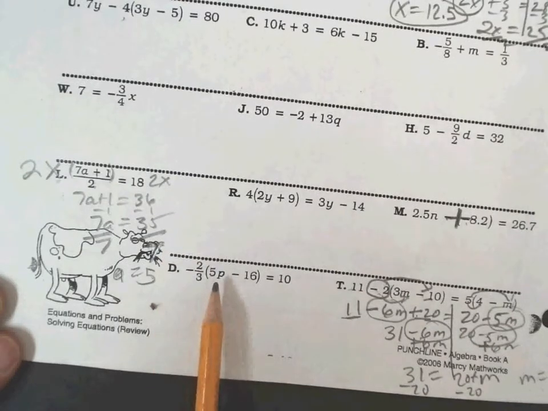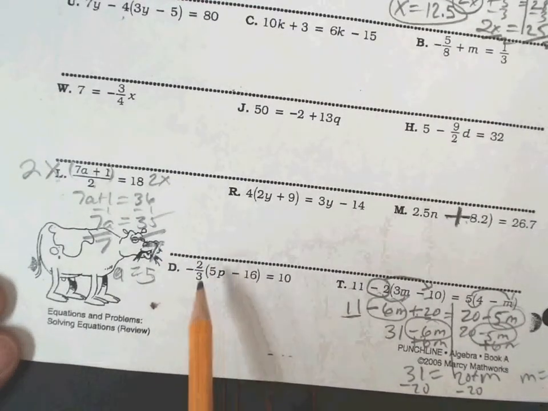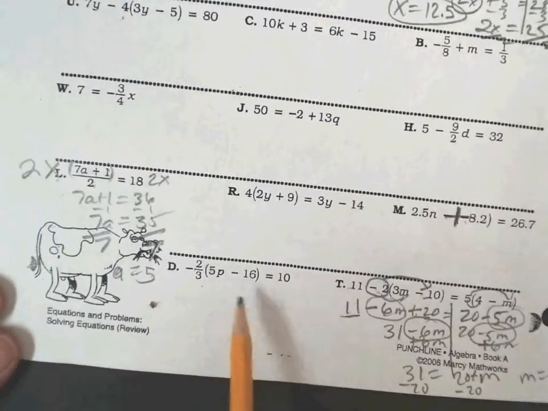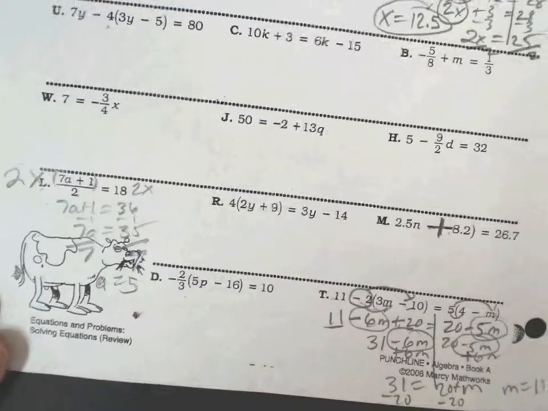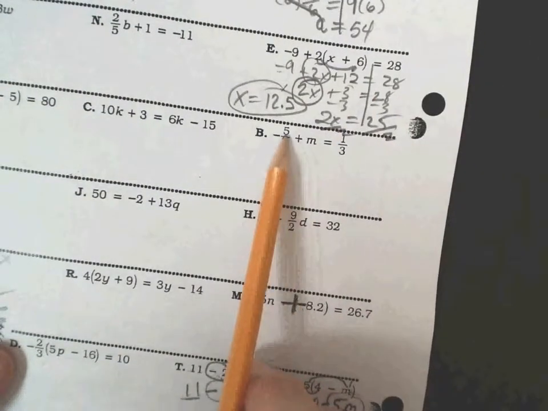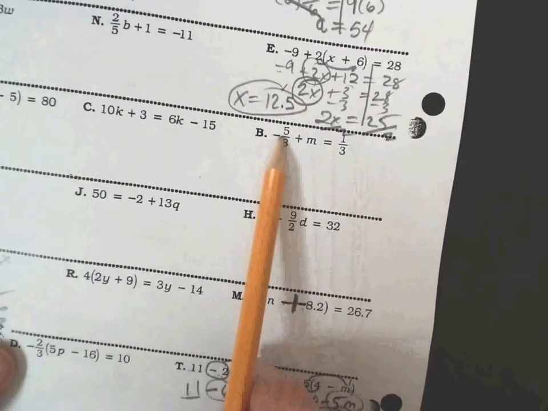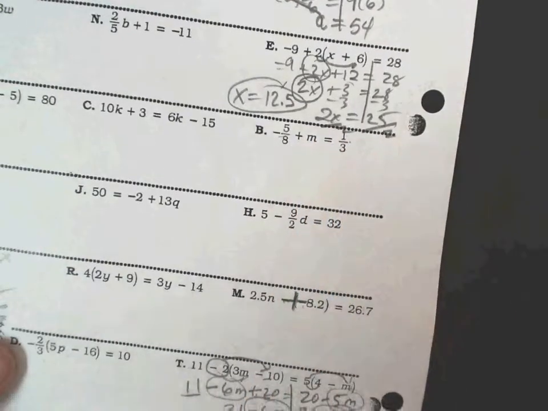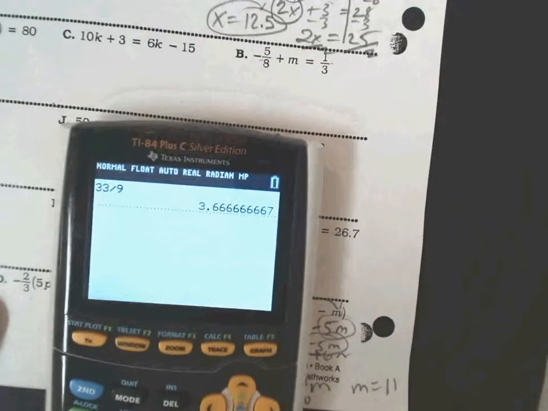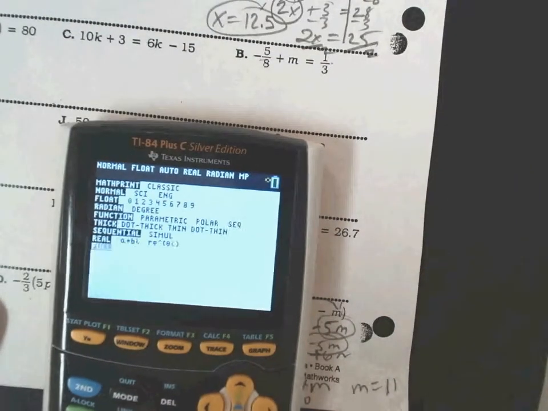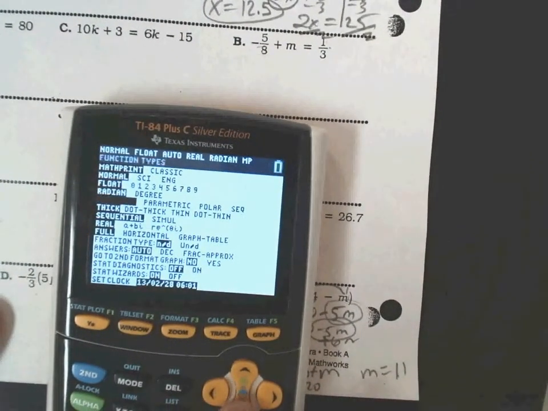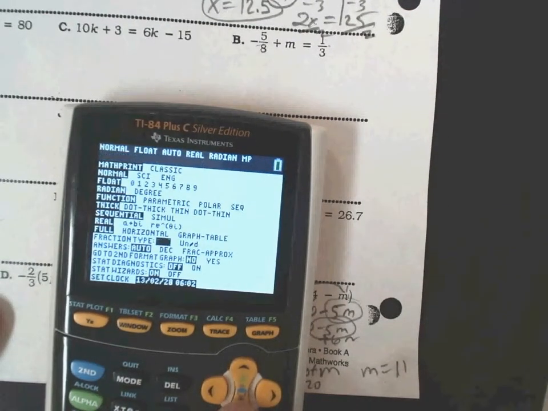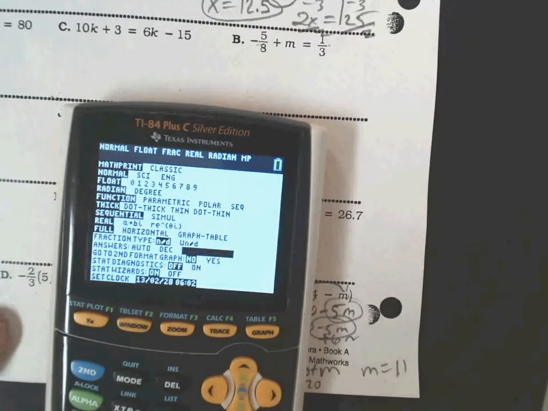Just remember to do your distribution. Remember that a fraction means times 2 divided by 3. Remember that a negative distributed will change the sign inside a parentheses. When you're adding, you're going to have to add a fraction to each side of this. Remember that you cannot add 1/3 and 5/8. That's a good opportunity for you to change your calculator into fraction mode. So I hit mode, and now I'm going to go down to fraction, to answers, and change it to fraction approximate.